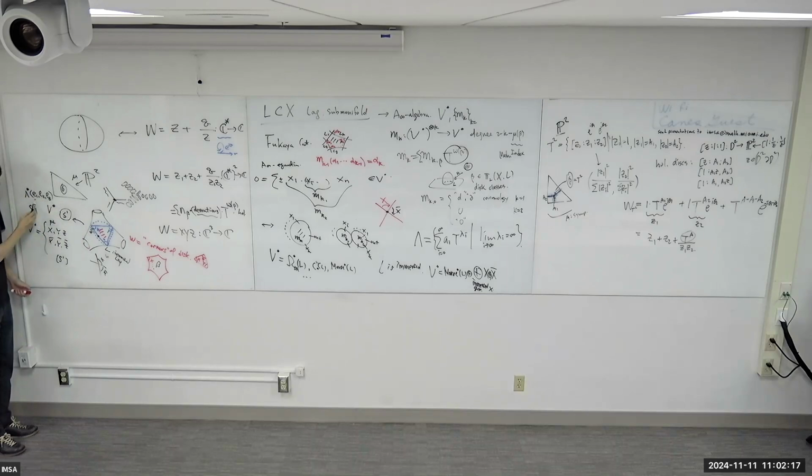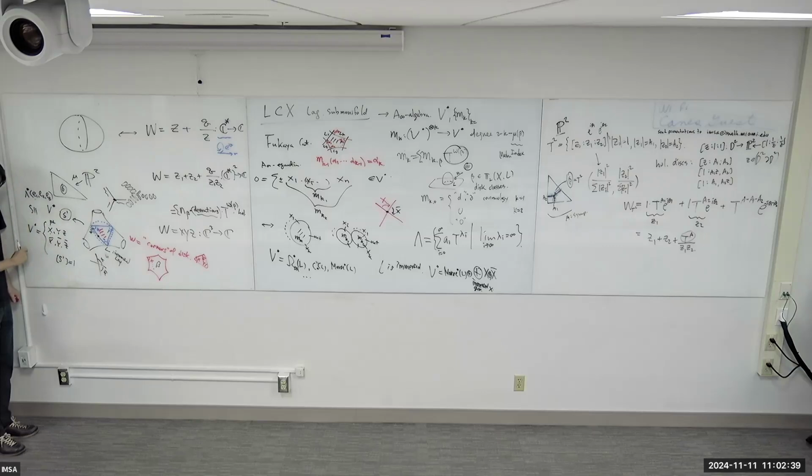So these x, y, z are E1, E2, E3, and the wedge product of x, y is z bar, the wedge of y, z is x bar, x, z is y bar. The wedge of x, x bar is the point class, y, y bar is point, z, z bar is point.